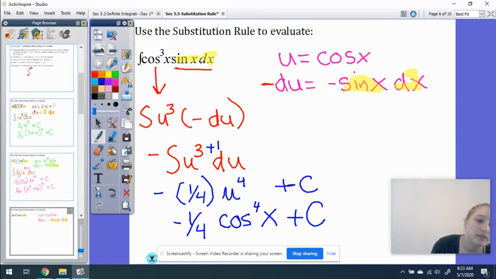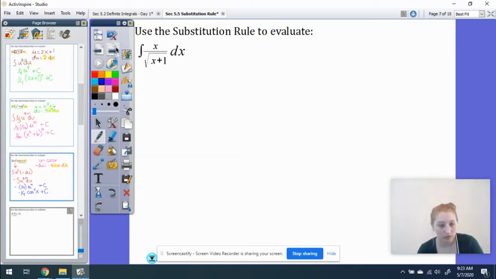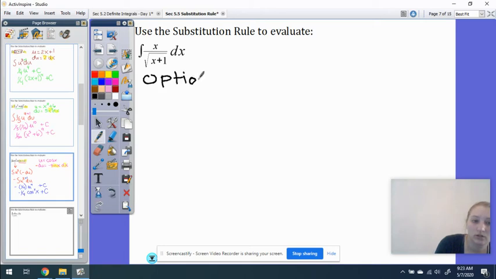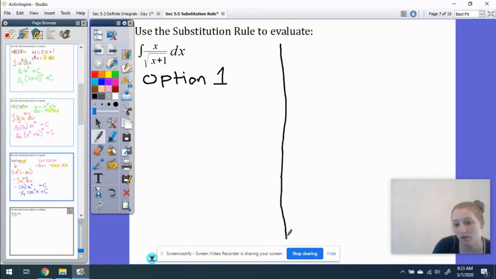So let's look at this next example. And we're actually going to do this next example in 2 different ways. Okay. So we're going to have an option 1 and an option 2. This is just going to show you that there are multiple ways that this can happen and work.